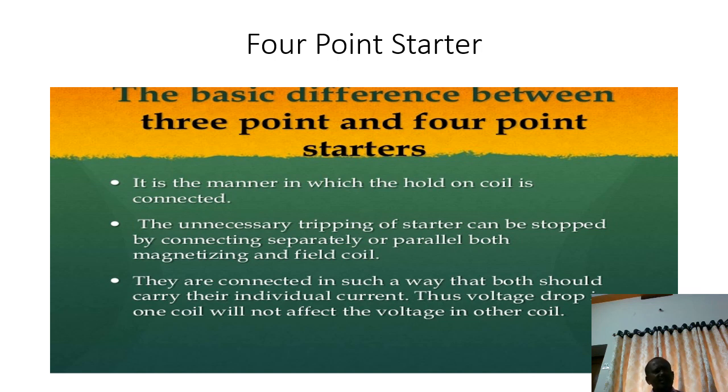N, the neutral point, is connected to the resistance. The difference is the manner in which the hold-on coil is connected.